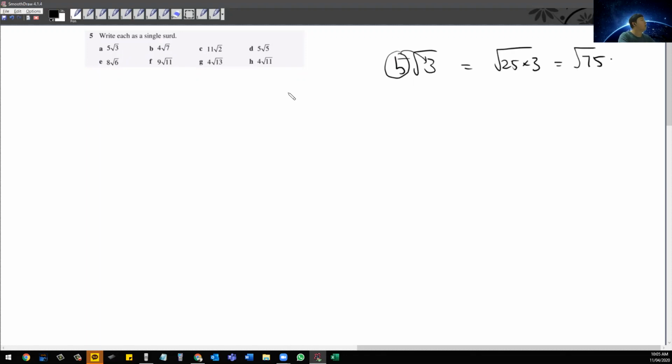In a similar way, we can maybe do F, G, and H. We'll do F together. That'll be square root of 9 squared times 11, which is root of 81 times 11. So what's 81 times 11? 891.